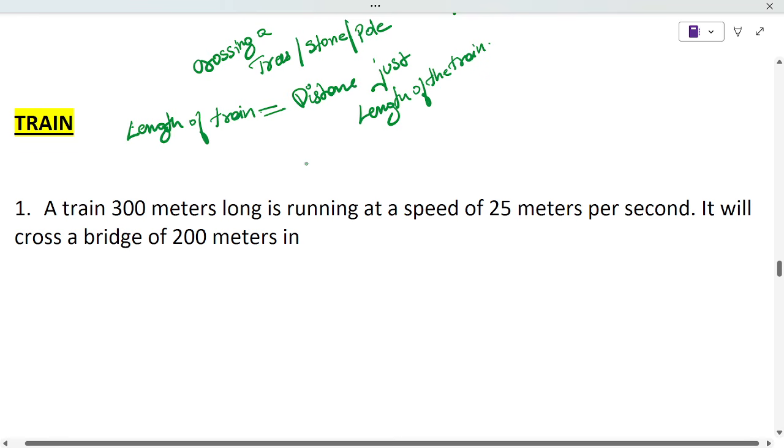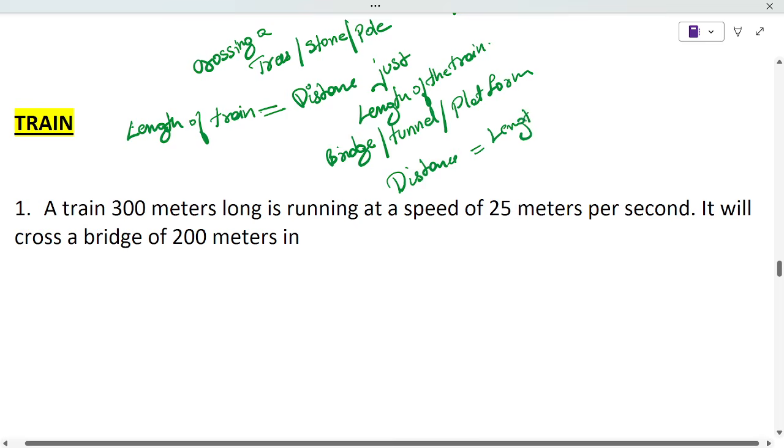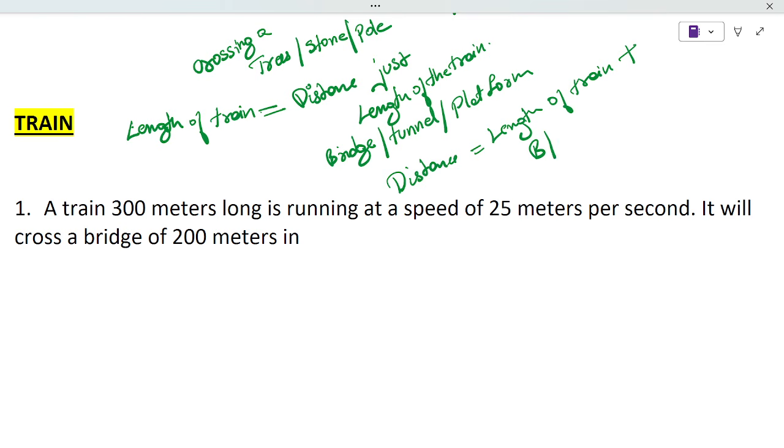But again, when the train is crossing a bridge, or a tunnel, or a platform, the distance is the length of the train plus the bridge, tunnel, or platform. That will give us the distance.